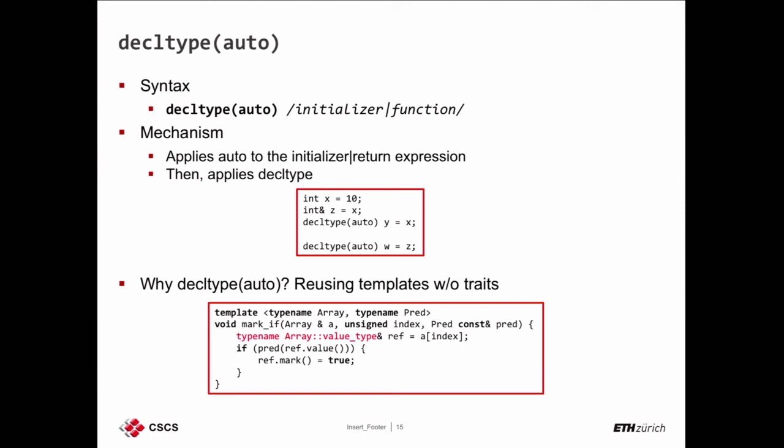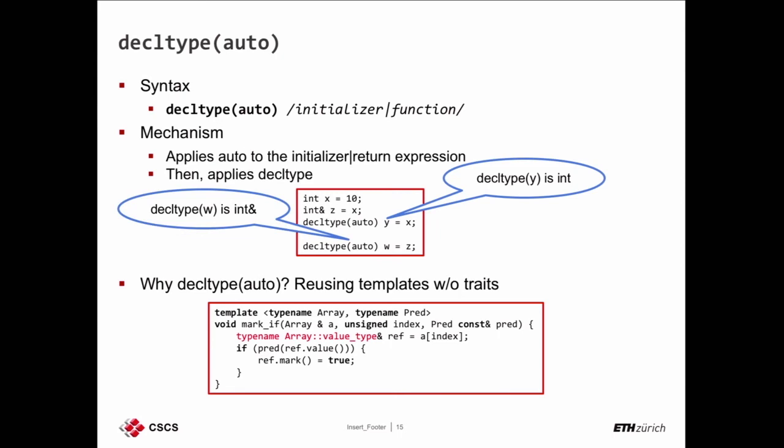So decltype y will be an integer, let's say, because x is an integer, but decltype of w will be an int ref. Okay? If I put only auto, w will copy the value of z into w, and w will be an integer, right? This is auto. Or you can do auto ref, and then you get the reference only.